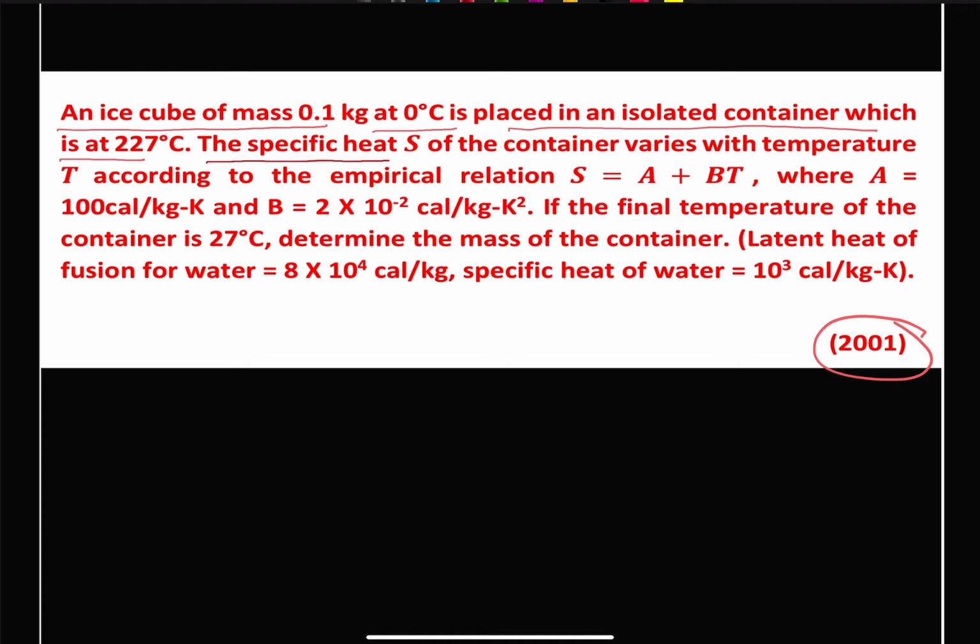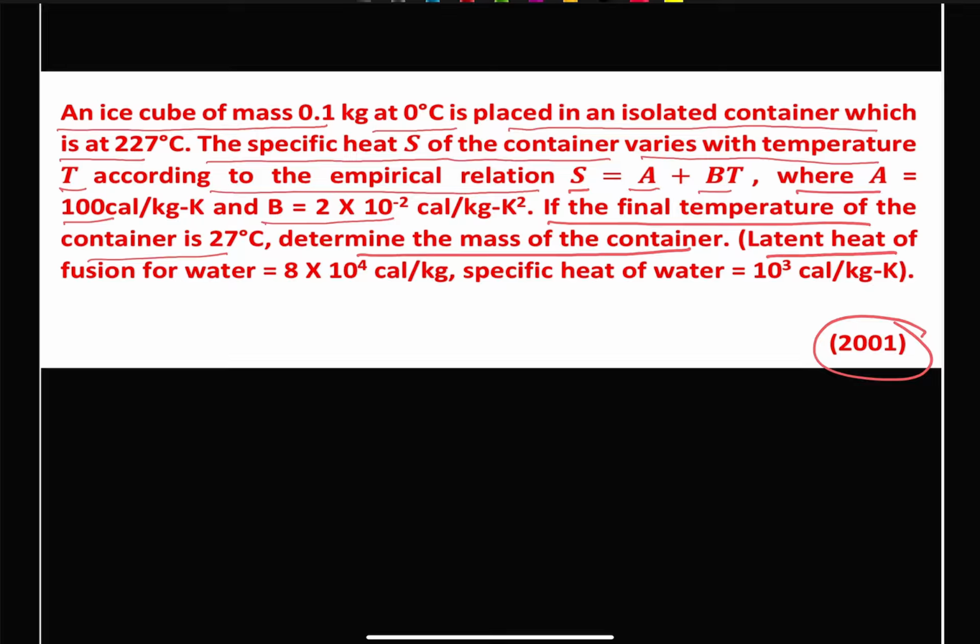The specific heat S of the container varies with the temperature T according to the relation S is equal to A plus BT, where A is 100 and B is 2 into 10 to the power minus 2. If the final temperature of the container is 27 degrees centigrade, determine the mass of the container.